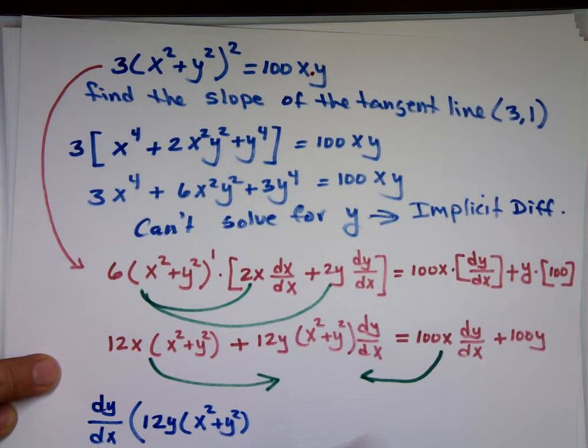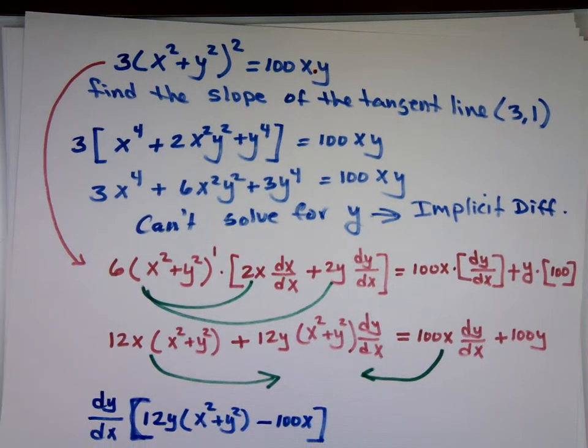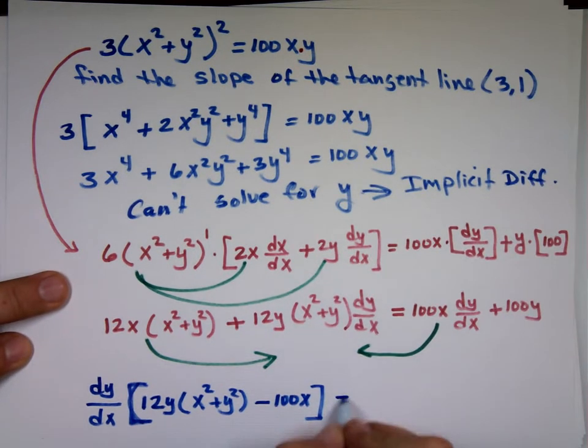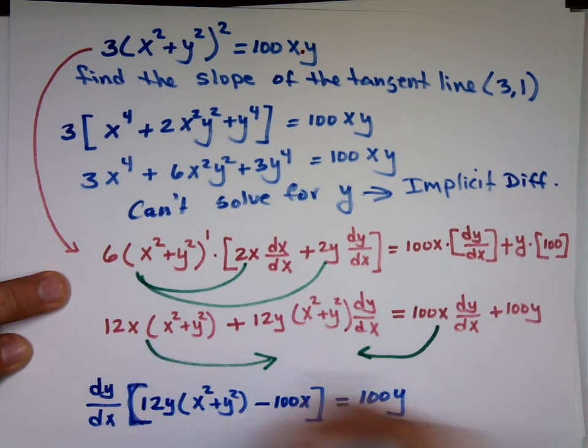When I bring that piece to this side, it becomes minus 100x. On the other side, you're going to have what? The 100y. When you take this one to that side, it becomes what? Minus?